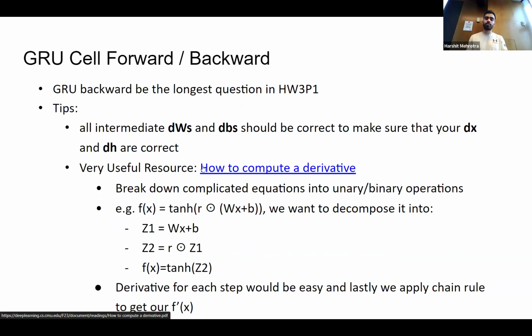So a simpler example would be, say, if f(x) is tanh of r element-wise Wx plus b, then you can treat everything inside a parenthesis as an independent variable and start computing derivatives with respect to that. So as I said initially, if I have to compute the derivative with respect to x, I first compute the derivative with respect to z2 because I know how to backpropagate through tanh.